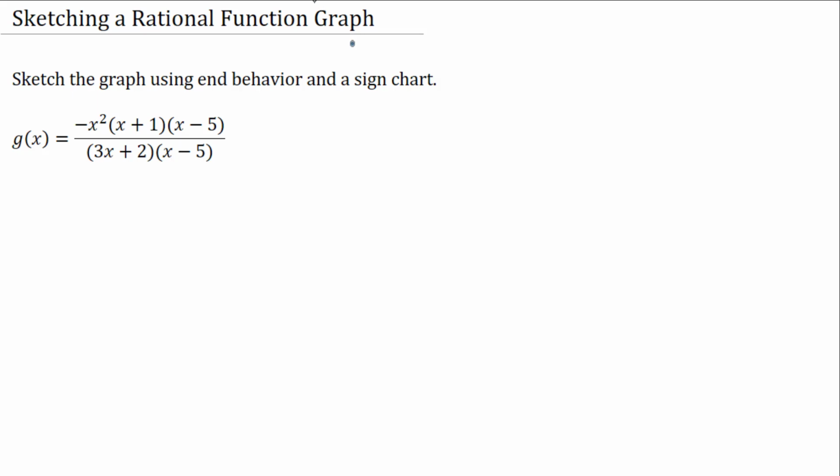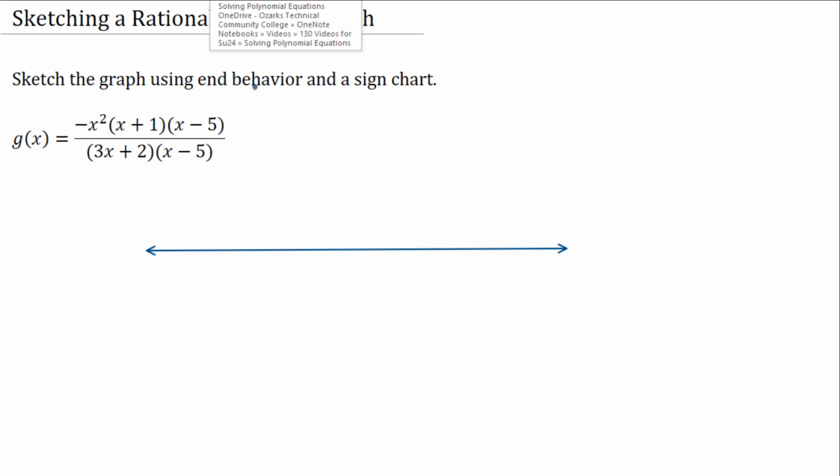One nice thing about this particular function, though, is it is factored for us. So we can go ahead and generate our sign chart and mark our zeros and critical values. So we have 5 of them, or 4 of them, it looks like.